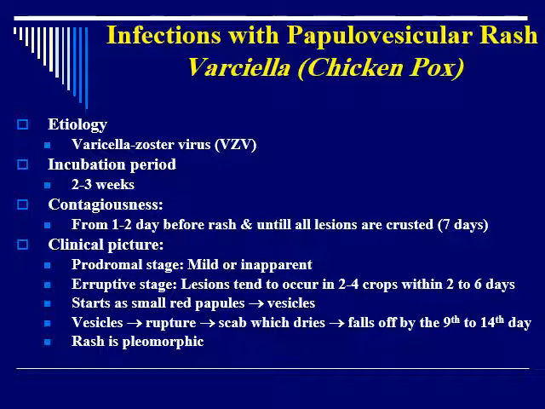What about the clinical picture? Number 1, the prodromal stage is mild or inapparent, in the form of mild elevation of temperature and common cold-like symptoms. What about the eruptive stage?